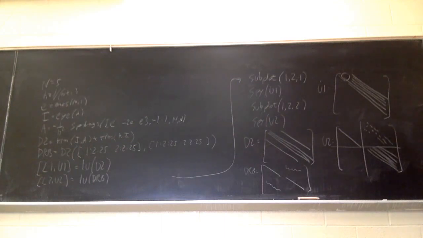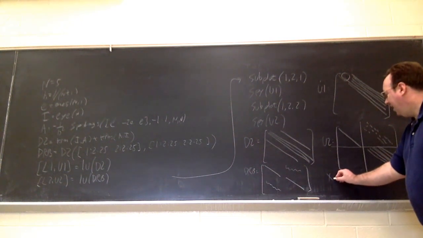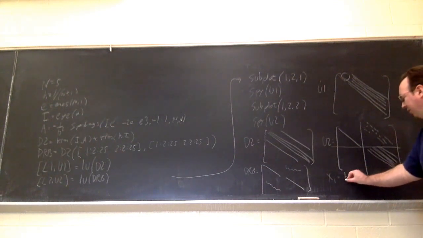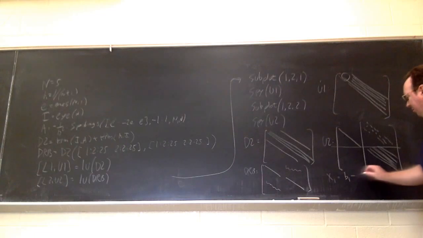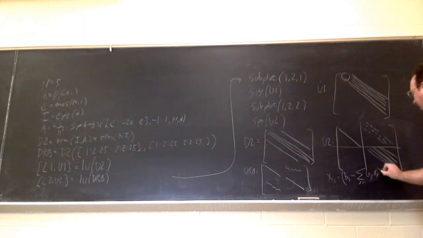Well, the thing about back substitution is like this: one of these xi's would be equal to your right hand side, whatever that is, minus a sum over certain j of uij xj, where j is strictly greater than i, but only the ones that are non-zero, all divided by uii.